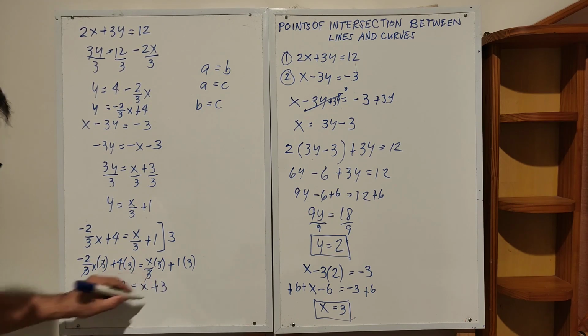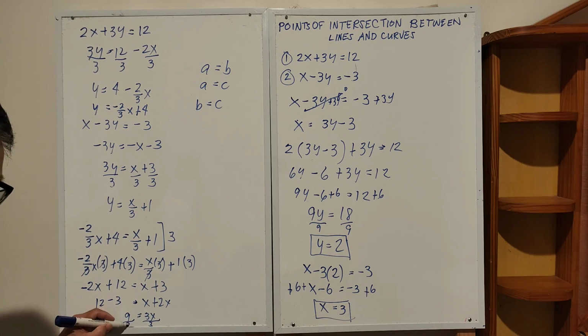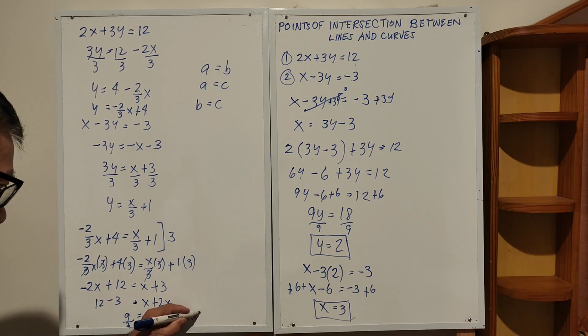This becomes 3. I'll transpose all the variables to the right and all the numbers to the left. So x plus 2x, and 12 minus 3. 3x is equal to 9. Dividing by 3, x is equal to 3.